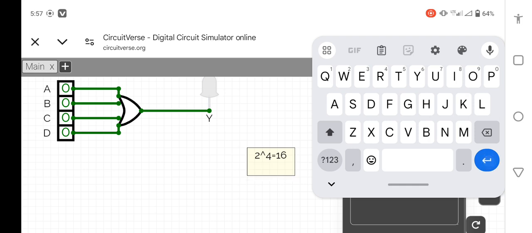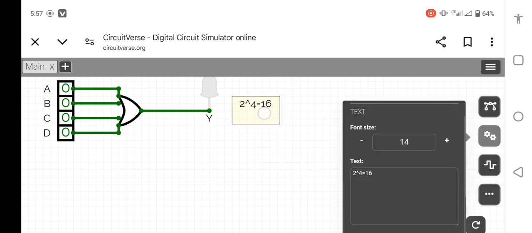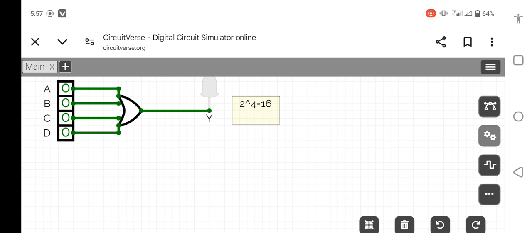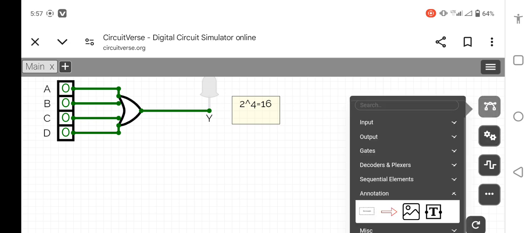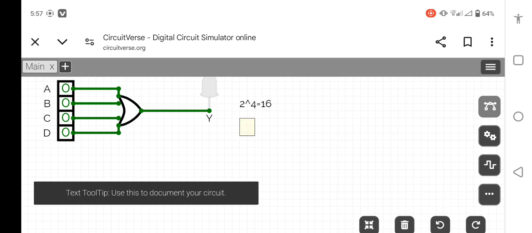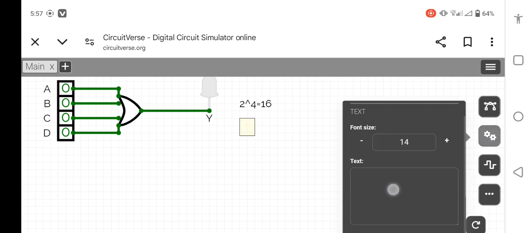In every row we have 16 inputs, and we also have 16 outputs.